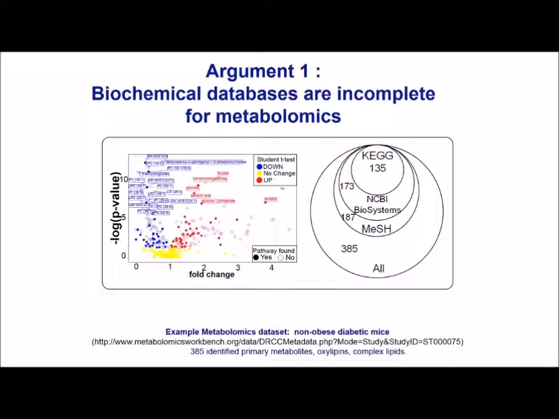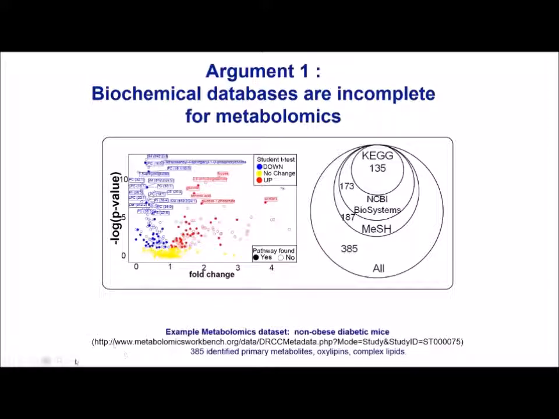I will highlight some of the limitations of a pathway-based enrichment analysis approach. Argument 1 is biochemical databases are incomplete for metabolomics. This database analysis was done for an example metabolomics dataset on known obese diabetic mice.